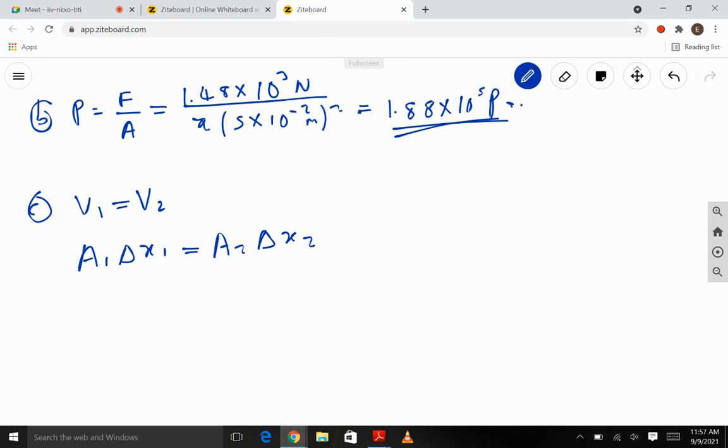So now, after we've done this, let's write it a little bit neater. Let's put the areas on one side and put the other things on the other side, so that we can achieve that.